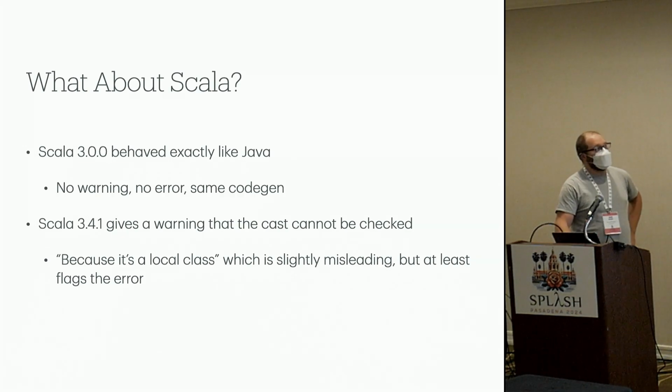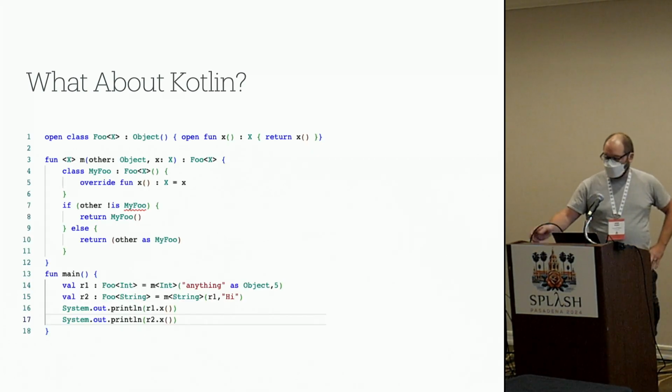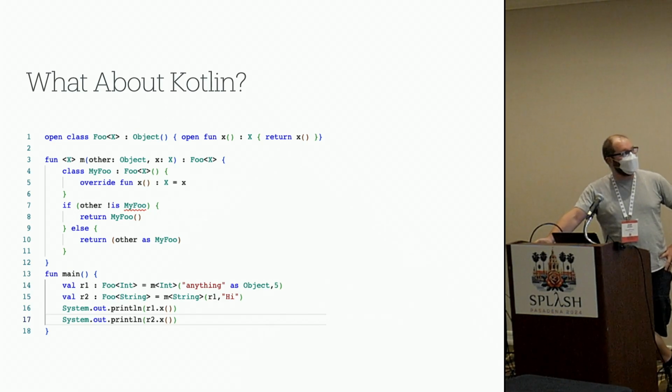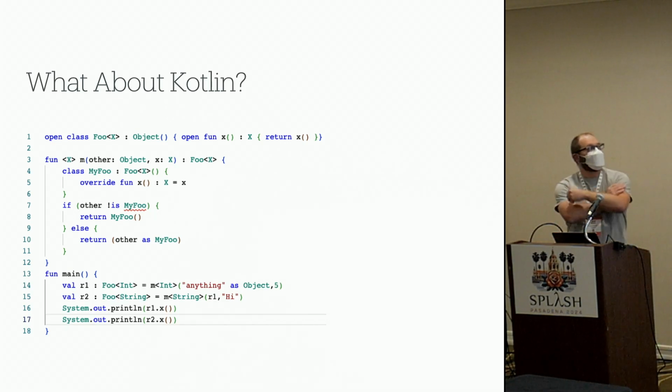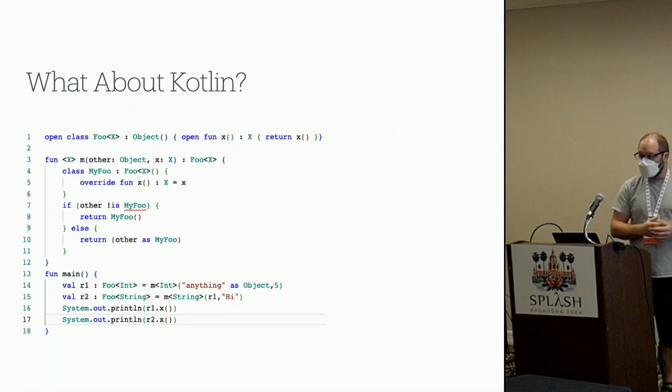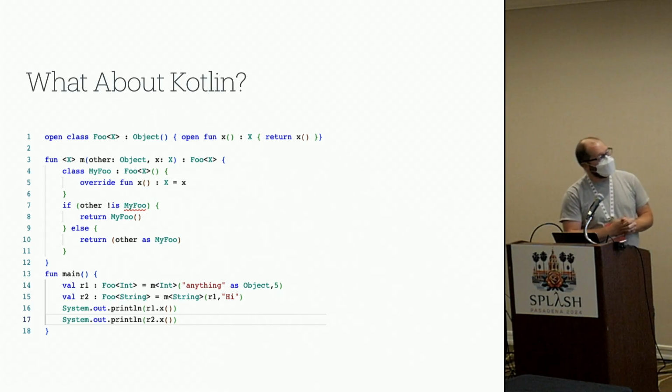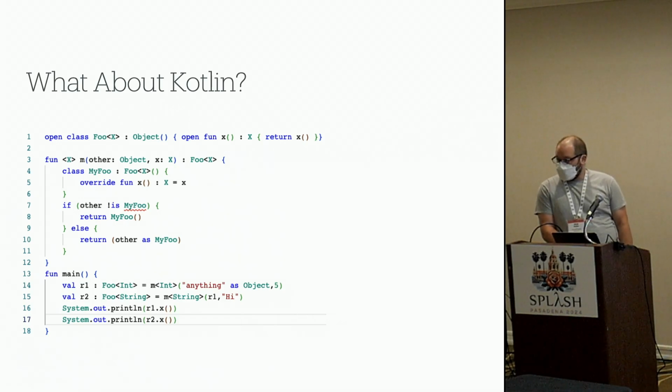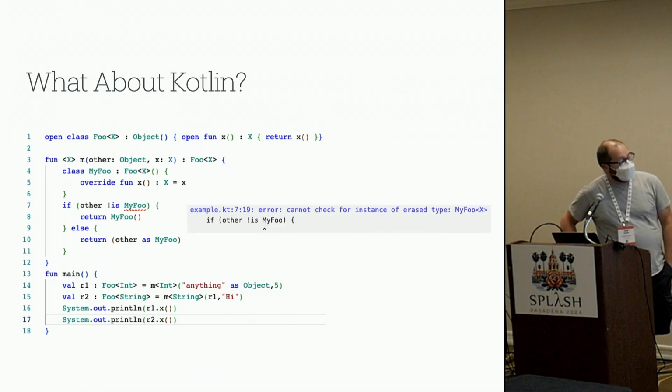How about some other languages? How about Kotlin? Kotlin's another somewhat younger but growing language on the JVM. So here's a direct transliteration of the first example into Kotlin, and you might notice there's a little red squiggle there. It turns out that's because Kotlin does actually give you warnings about this.